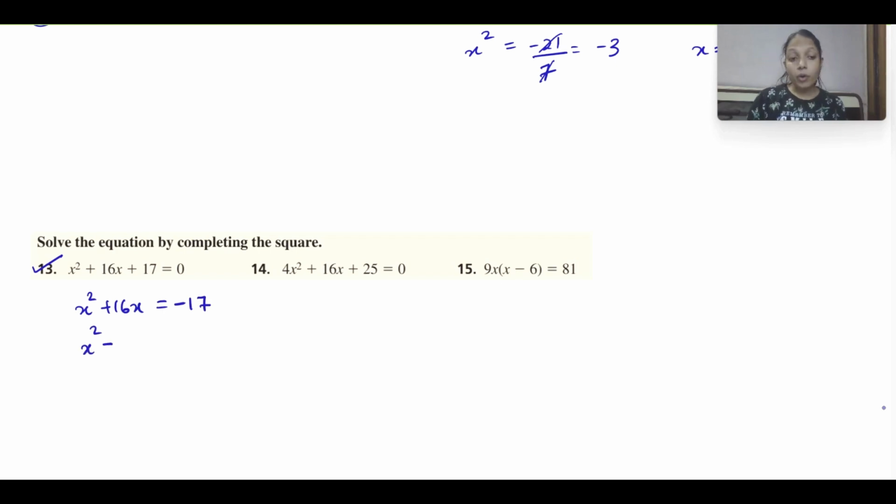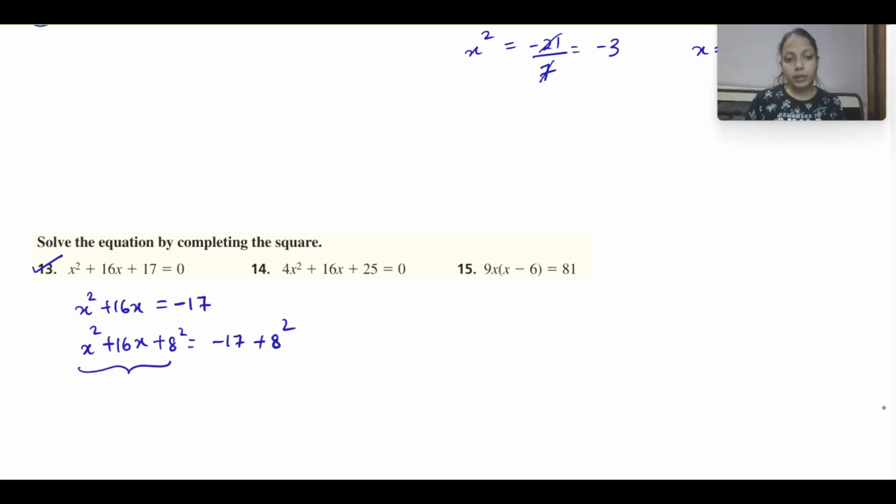Now, whatever the coefficient of x you have, divide by 2. After dividing by 2, whatever term is left, square it and add on both sides. So 16 by 2 is 8. I will add 8 square on both sides.